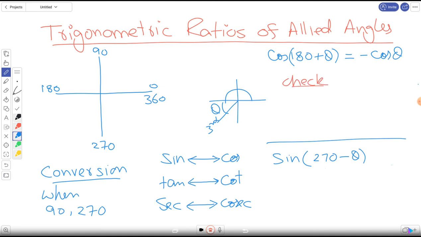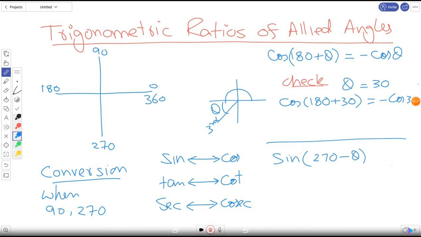When I check this one, I put any one angle on both sides. Let's say I put 30, so 180 plus 30. If I put 30 on both sides, let's see what happens. The left hand side becomes cos(180 plus 30), which equals negative cos 30.